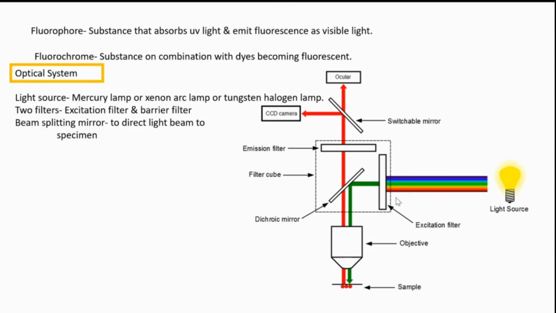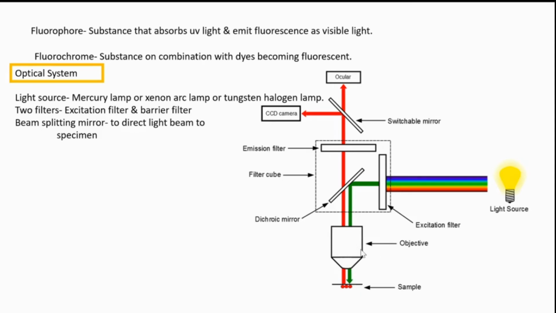What does this excitation filter do? It directs the light towards the beam splitting mirror. And after striking this beam splitting mirror, the light rays are directed towards the specimen placed below the objective.